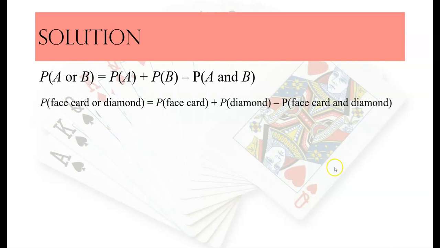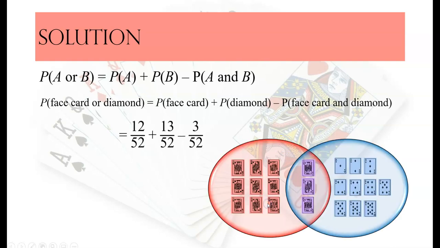Okay, so let's take a look at what this looks like. There are 12 face cards altogether. The Jack, the Queen, and the King from each suit are considered the face cards. There's also 13 diamonds in the deck. There's 13 cards in every suit.